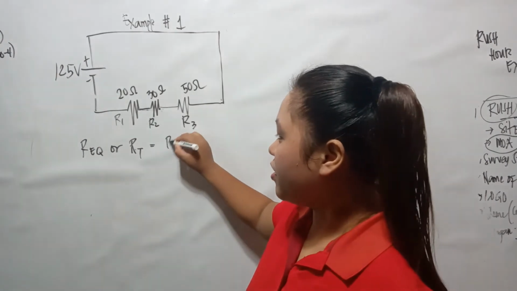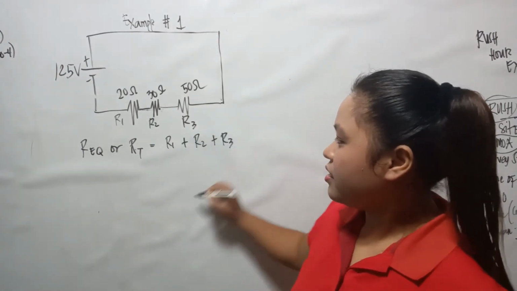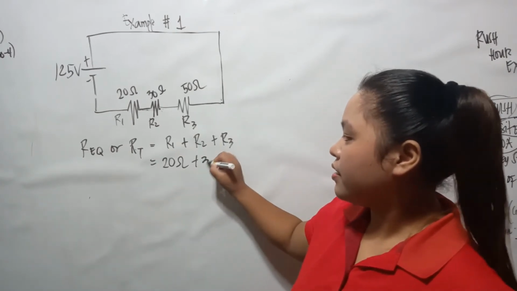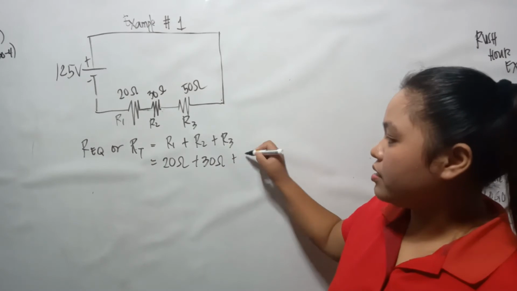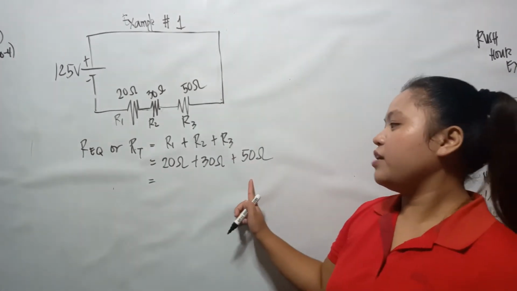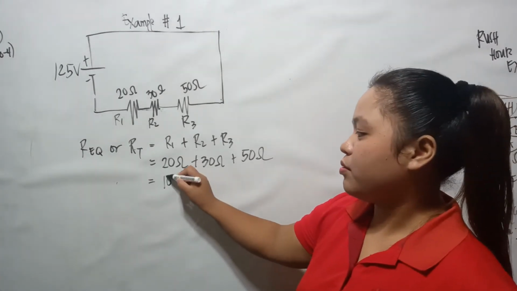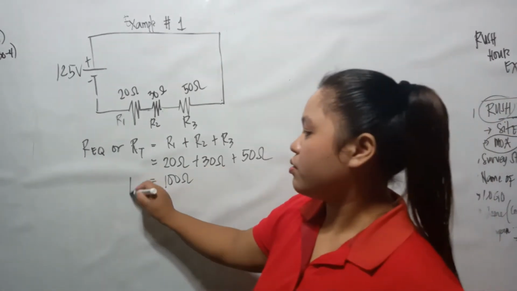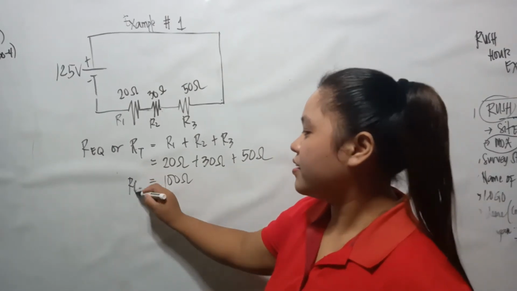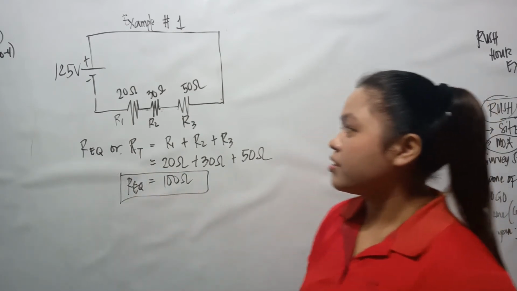So we have R1 plus R2 plus R3, which is 20 ohms plus 30 ohms plus 50 ohms. 20 plus 30 is 50, plus 50, that would be 100 ohms. So REQ is equal to 100 ohms.